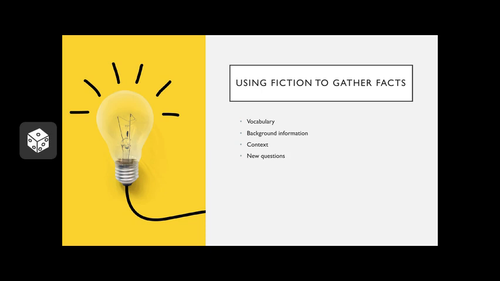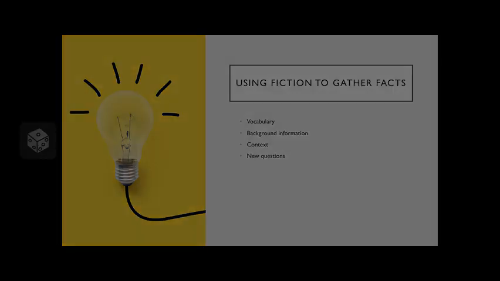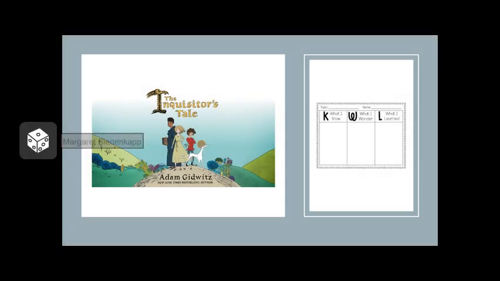So, even though everything in a fiction book isn't true, right? That's the definition of fiction. There are some aspects of the fiction books that are helpful when we're trying to learn facts. So today, what we're going to focus on, we've already filled out our K section of the KWL worksheet.